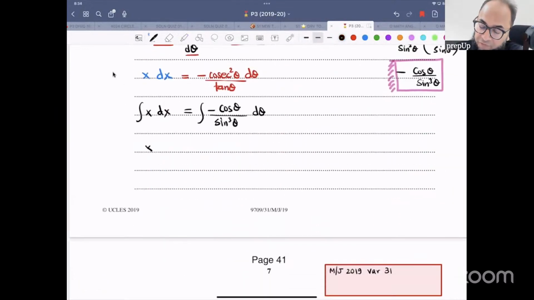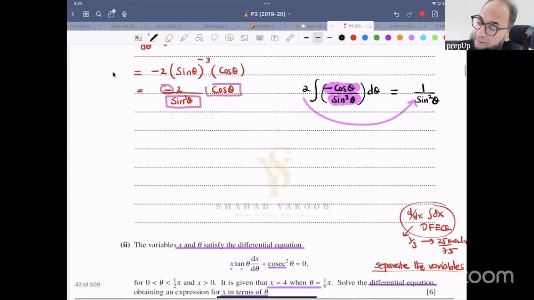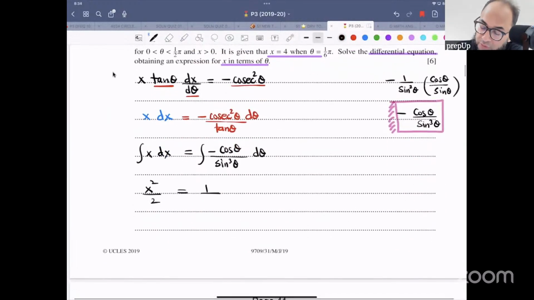Therefore for x dx, let me integrate it. Yes, this is x square over 2. This is 1 over 2 sine square theta, where sine square theta is in the denominator, plus a constant of integration c.